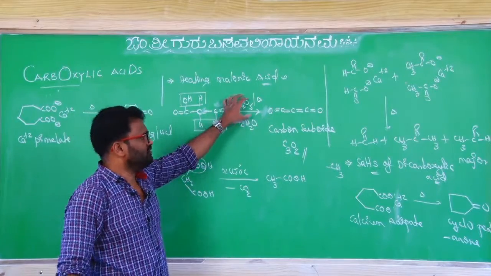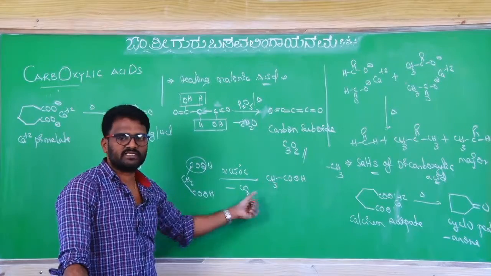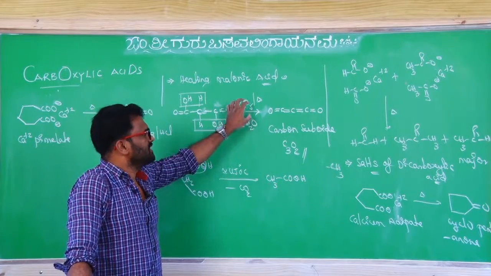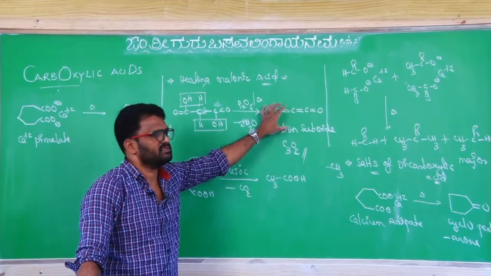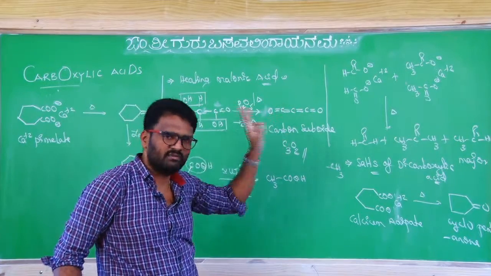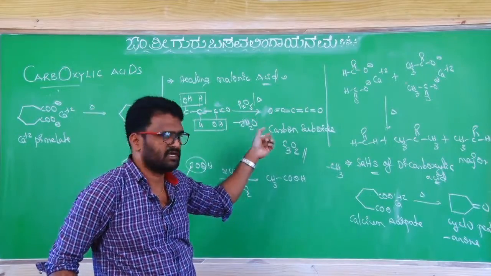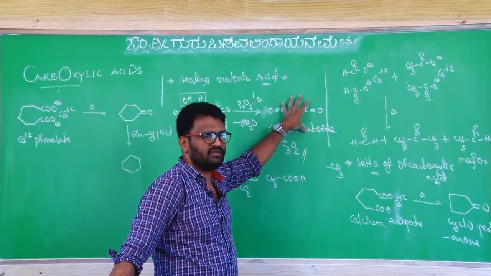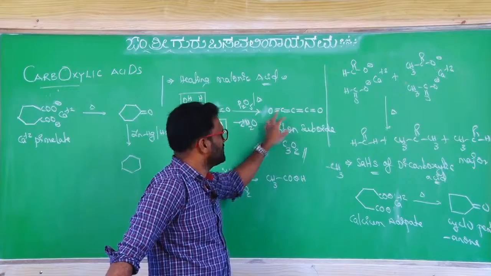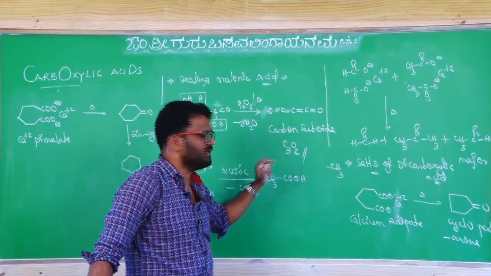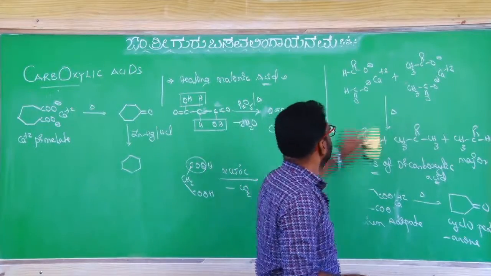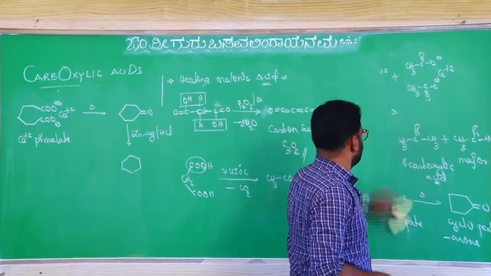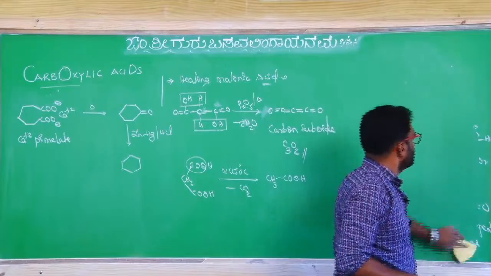So without P2O5, heating will give acetic acid and carbon dioxide. In the presence of P2O5, heating will give carbon suboxide. So carbon suboxide is the third oxide. Carbon will form only 3 oxides: carbon monoxide, carbon dioxide, and carbon suboxide. In this, 3 carbons and 2 oxygens, the formula is C3O2. So this is heating of carboxylic acids.